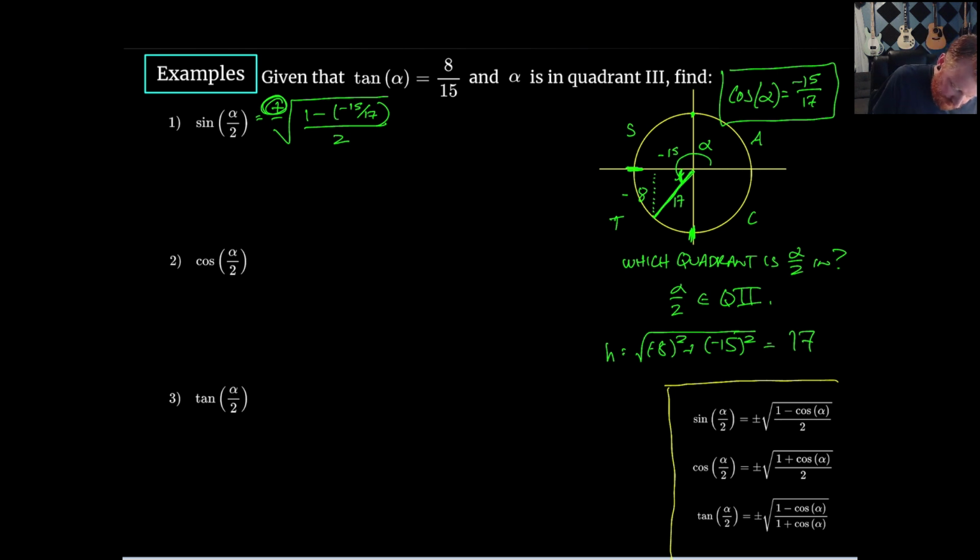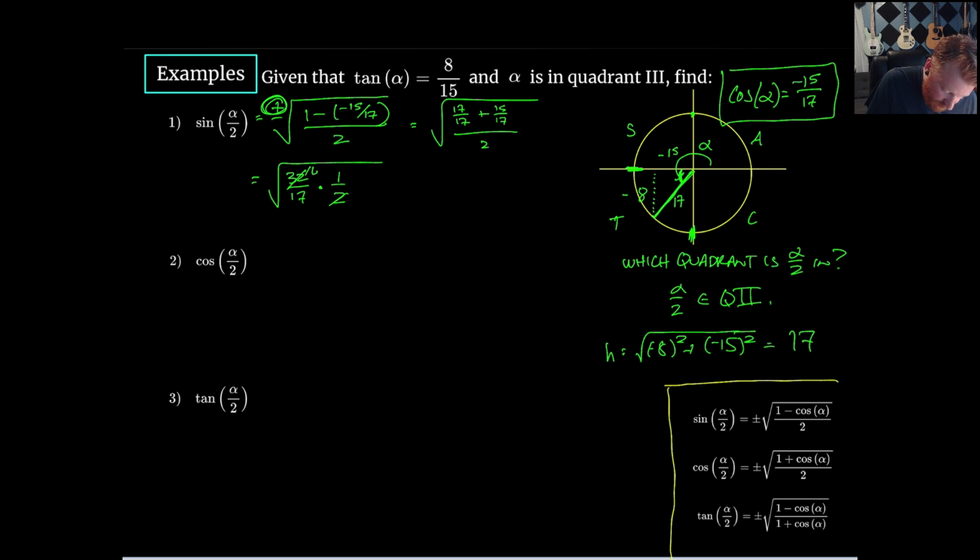Now, as to do a little bit of arithmetic, we are going to get the positive square root, and I can write this as 17 over 17 plus 15 over 17, all over 2. So this is going to give us the square root of 32 over 17 times 1 over 2. That's the same as dividing by 2.